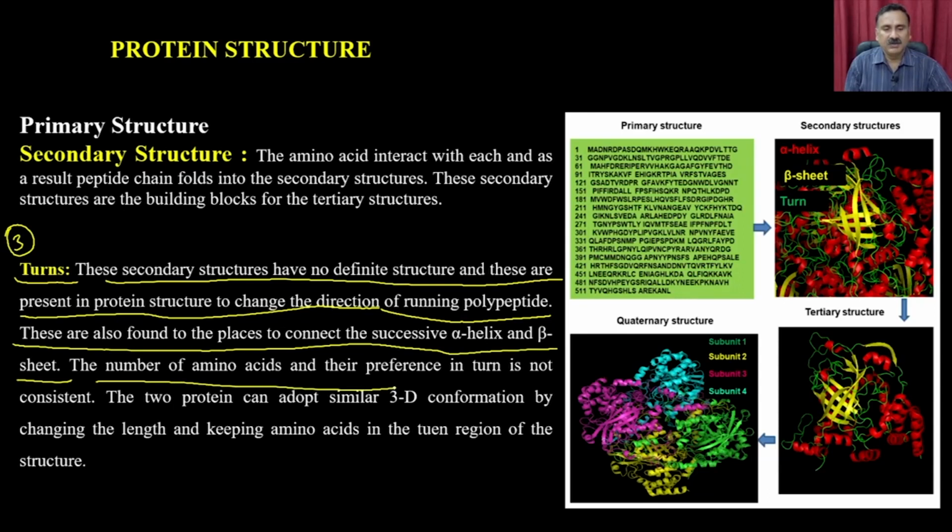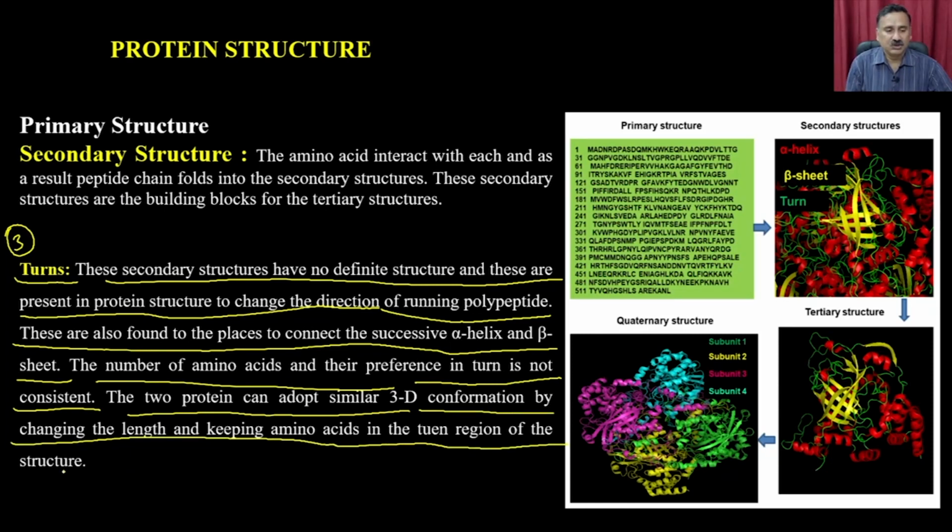The number of amino acids and their preference in the turn is not consistent, and two proteins can adopt a similar 3D conformation by changing the length and keeping the amino acids in the turn region of the structure. So a turn is an unstructured region, or I would say a very flexible structure. It can have different types of amino acids, and there is no condition that certain amino acids are not possible or so on.